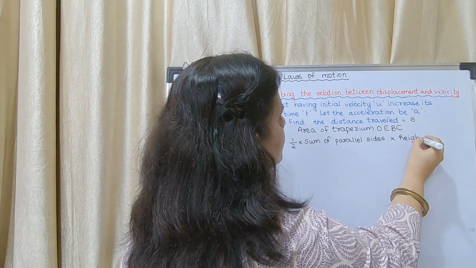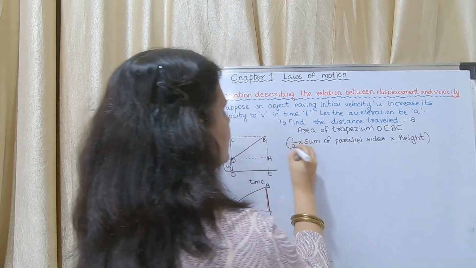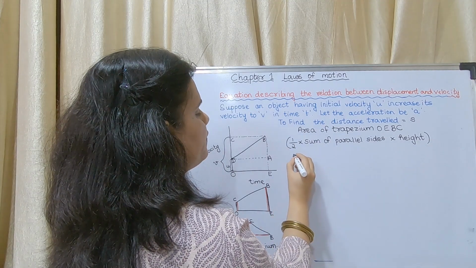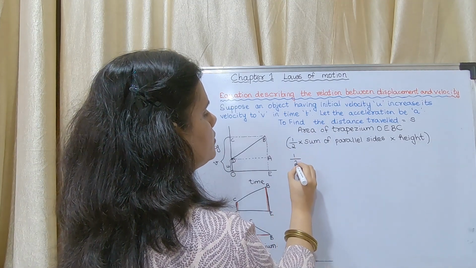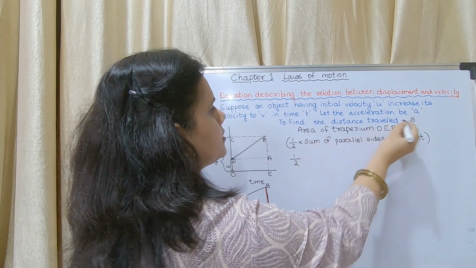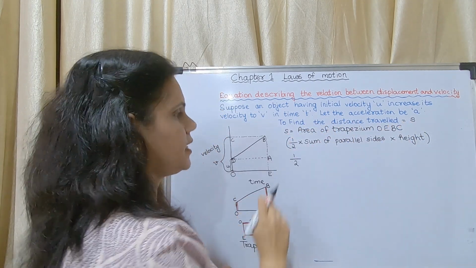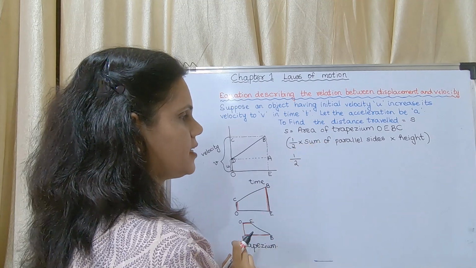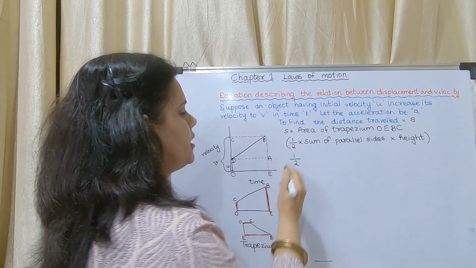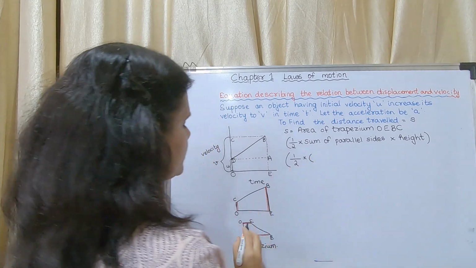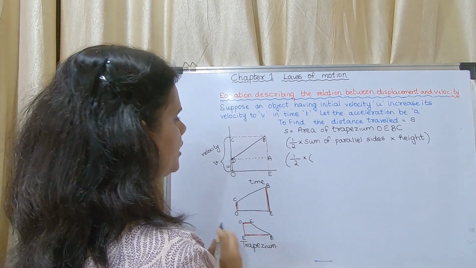So S is equal to the area of trapezium OEBC, half into sum of parallel sides into height. Now, what are the parallel sides?